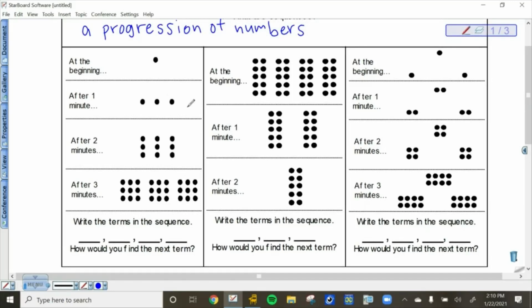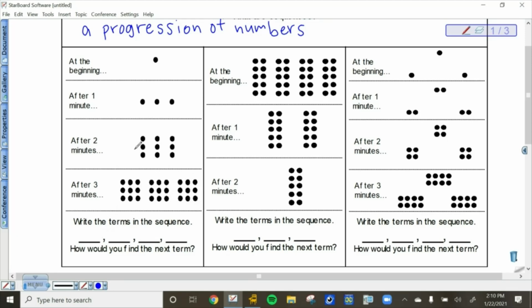So we have 1, 2, and 3. So this first one, at the beginning, we have 1 dot, and then after a minute we have 3, and then after 2 minutes we have 9, and then after 3 minutes we have 27.